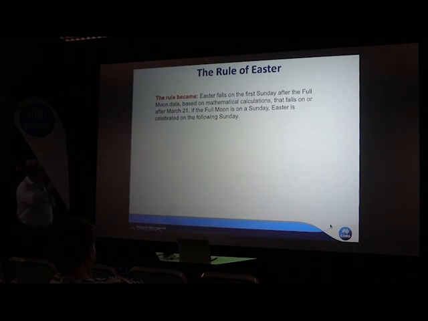If the full moon is on a Sunday, however, Easter is celebrated on the following Sunday. So, the way I put it is, it's the first Sunday after the first full moon after the vernal equinox, which is taken to be March 21.